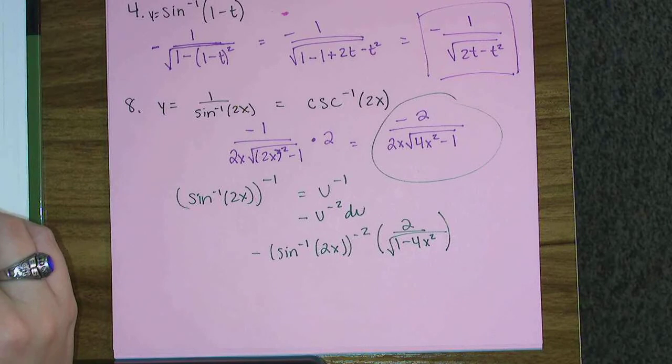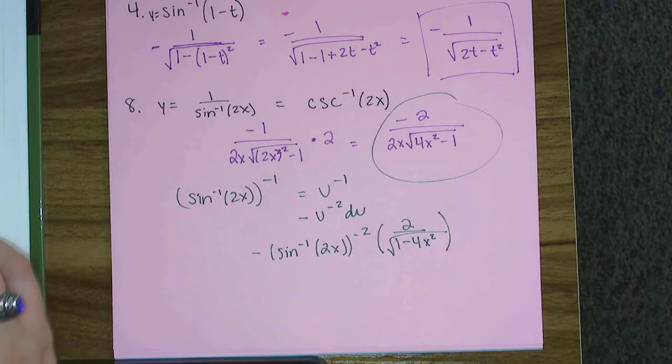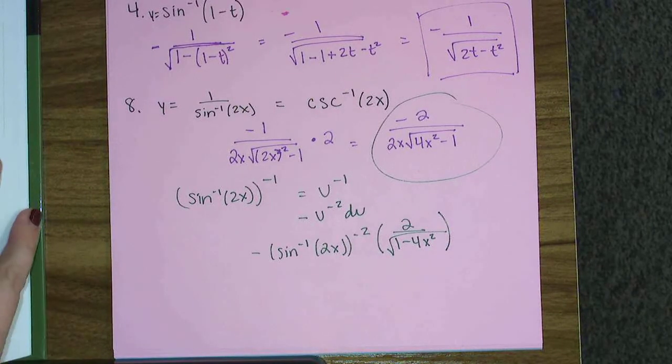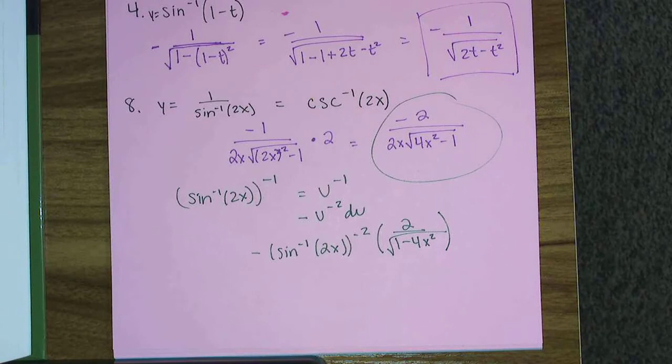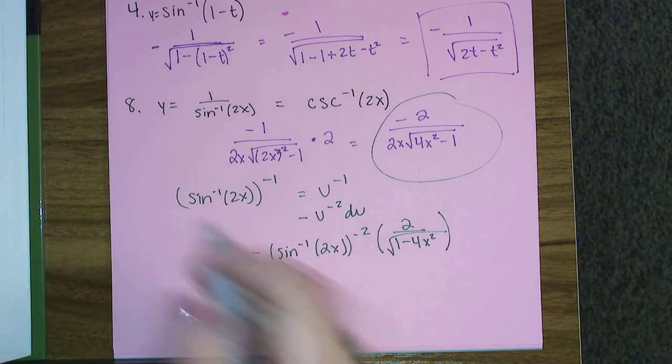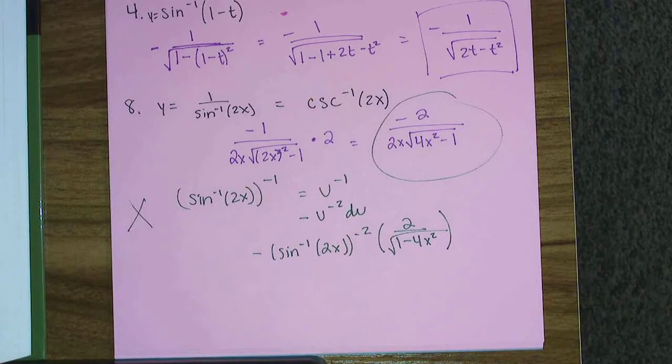Somebody else did it a really weird way. I like our method better. It just logically makes more sense to switch it to cosecant because you can. And then you don't end up with all this crazy stuff down here. I don't know. I would just not worry about that stuff.